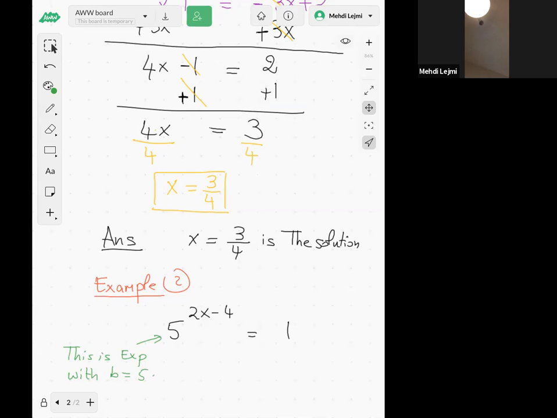The idea is that you can write 1 as 5 to the power 0, right? Any non-zero number to the power 0 is equal to 1. So I can write 1 as 5 to the power 0. And now, as you can see, both sides have the same base.